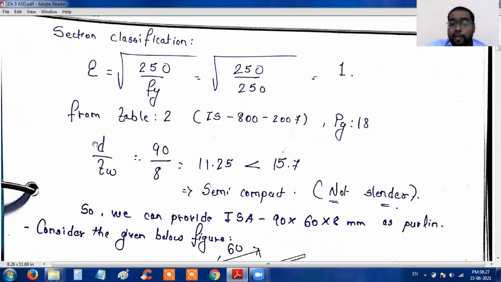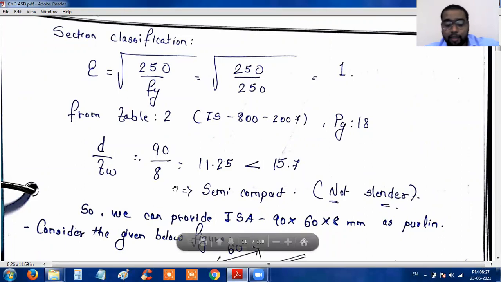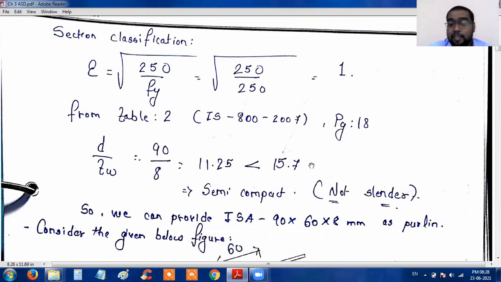Now the ratio of D upon Tw. From that table number 2, D upon Tw ratio. D means depth and Tw means the thickness of web. This ratio is 90 upon 8. It means 11.25, and it is less than 15.7, that is given in Table number 2.